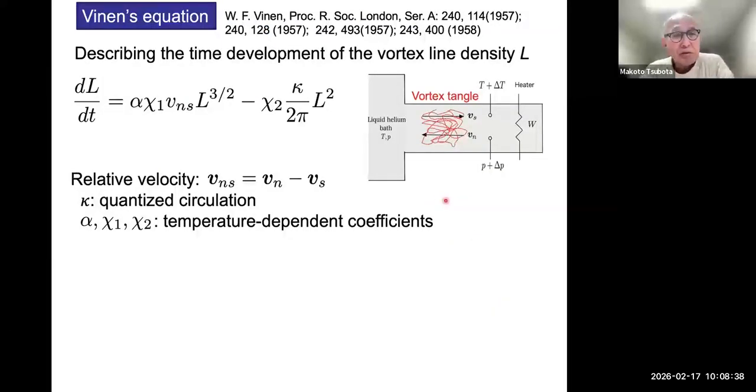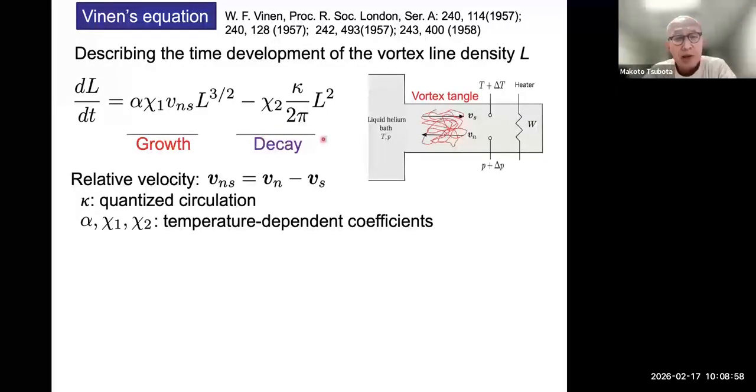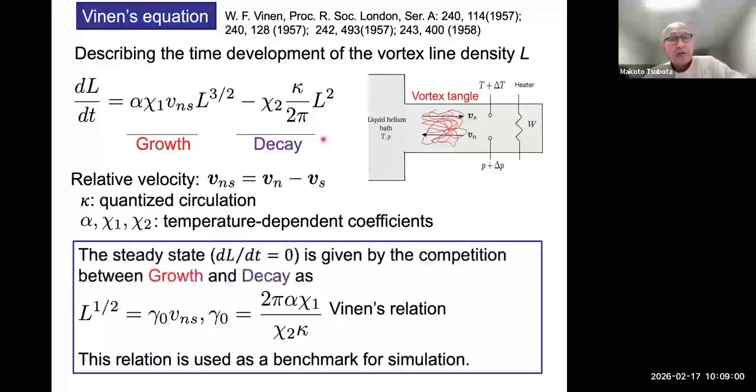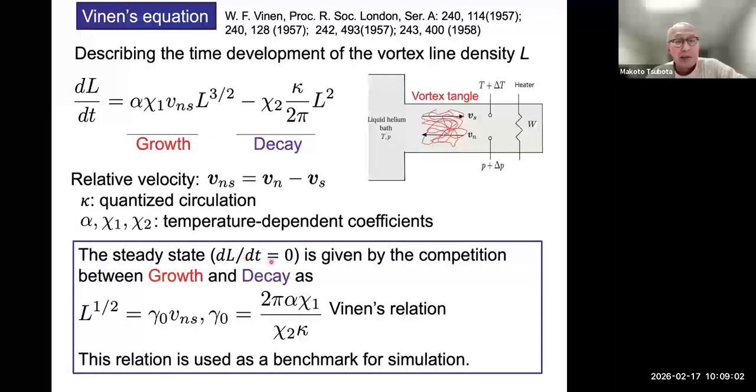Then, in order to understand this time dependence, Vinen proposed what we now call Vinen's equation, describing the time development of the vortex line length density L. The first term refers to the growth, and the second term refers to the decay. The steady state, dL/dt equals 0, is given by the competition between the two terms like this.